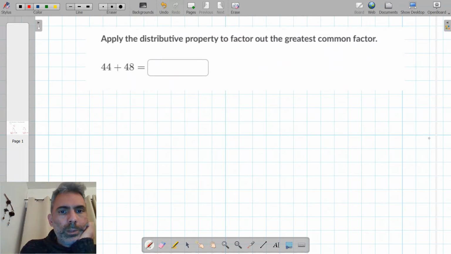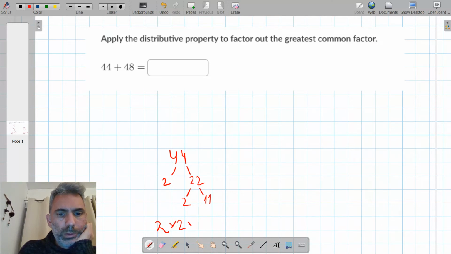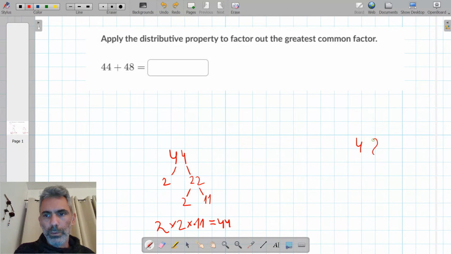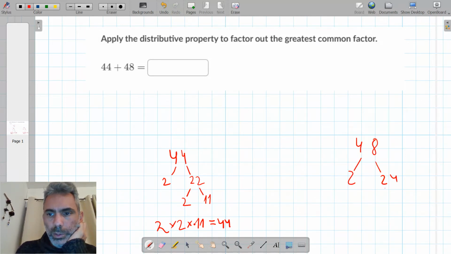Okay, let's see, 44 will be broken into 2 and 22. 22 can be broken into 2 and 11. So 2 times 2 times 11 is 44. And 48 is 2 times 24. 24 is 2 times 12.